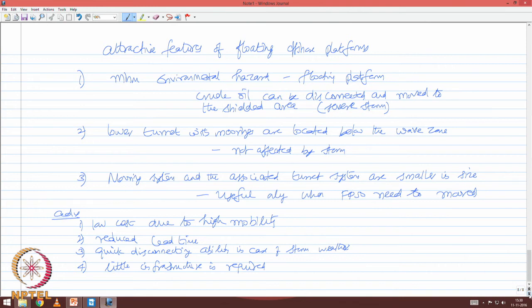Of course, they have some demerits. They are useful only for small fields. Large oil production fields cannot be commanded by an FPSO or any floating platform. They have a very low deck load capacity.